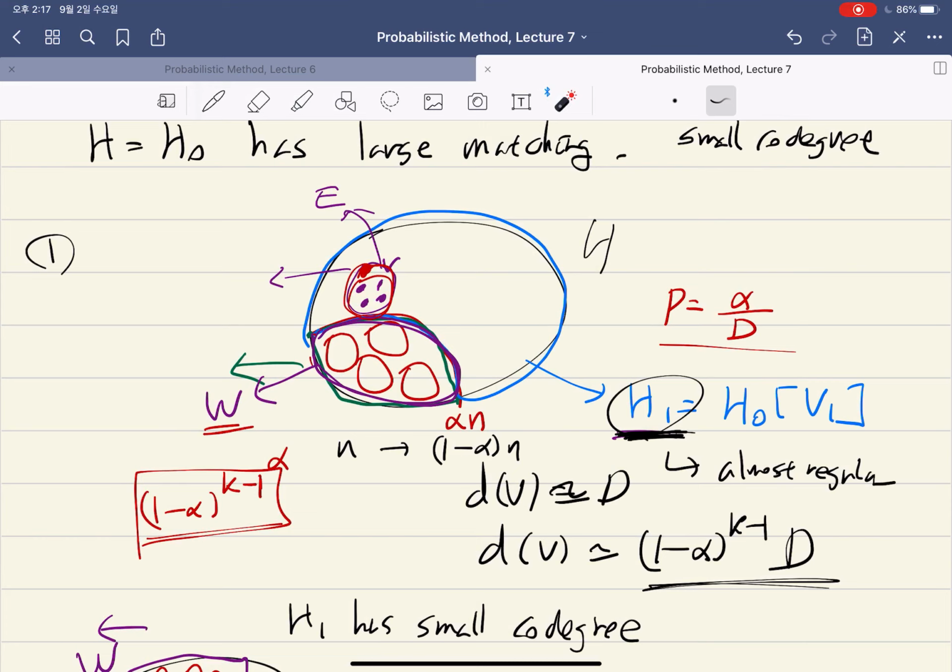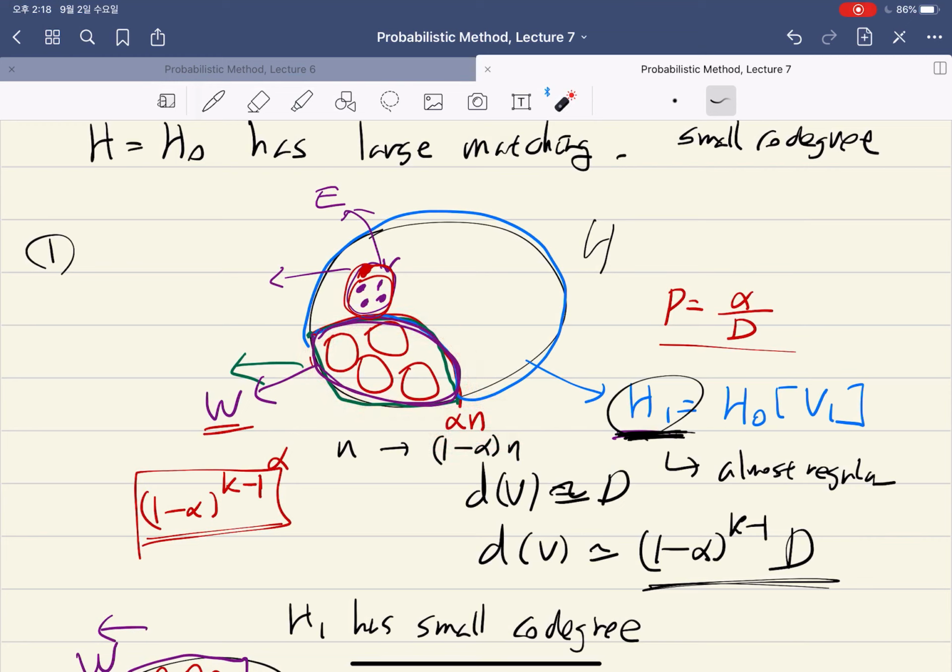All of these are related to concentration. We have to show that the vertices have degree which is very close to its expectation with high probability. We have to show that the size of this set is very close to the correct number with high probability.